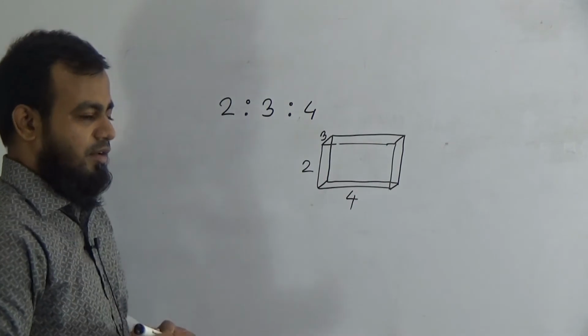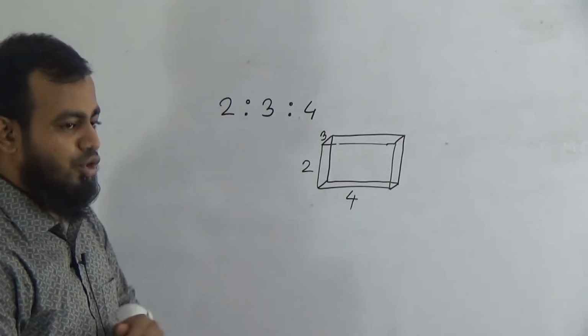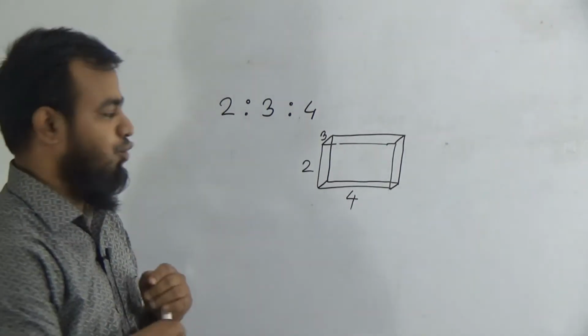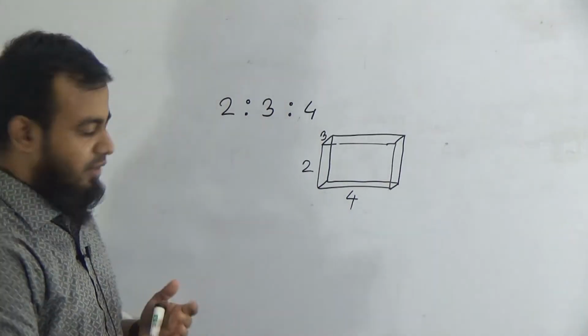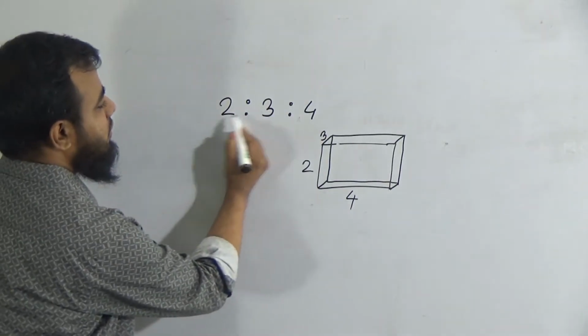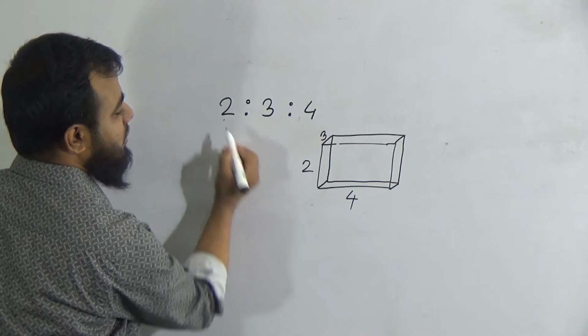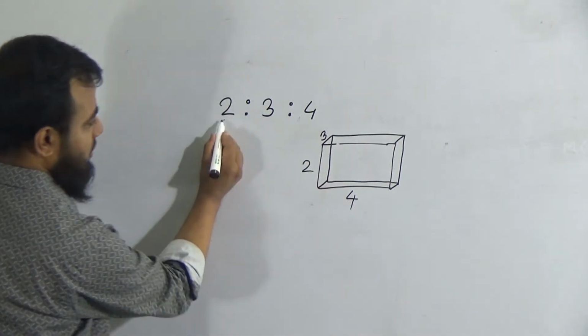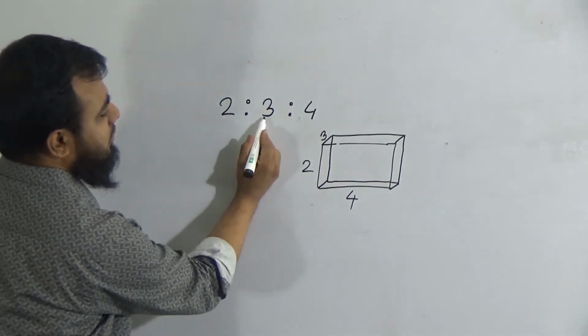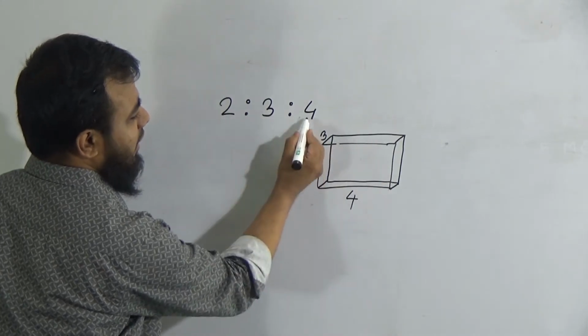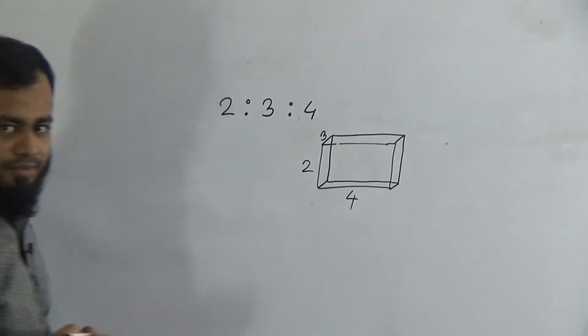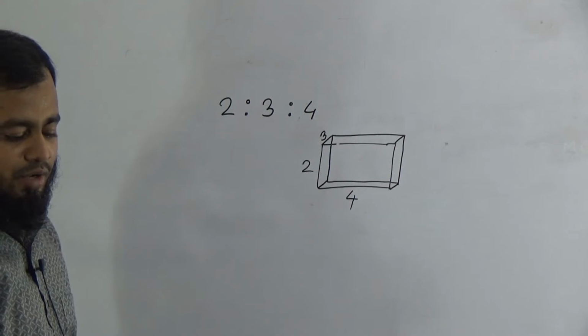Now we can consider this as the proportion of length, width and breadth. It is equal to 2 is to 3 is to 4. 2 is the width, 3 is the height and 4 is the length. This is our proportion of multiple.